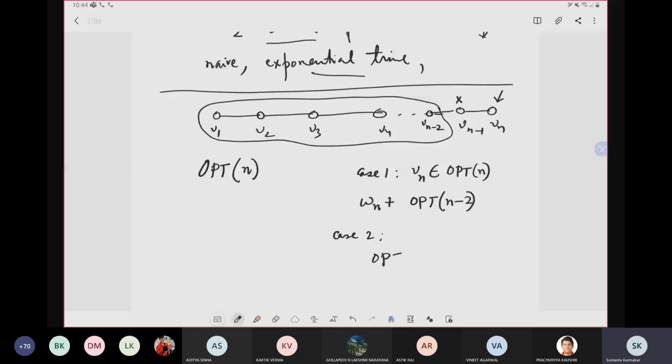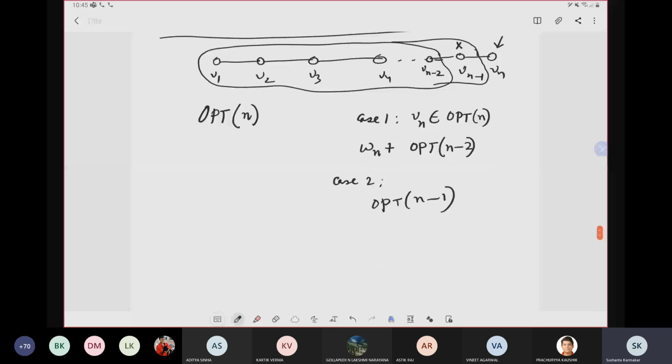So these are the two cases: case 1 is Vn is in the final solution, case 2 is Vn is not in the final solution. Out of these two, which one do you take? You take the one which gives you more weight.